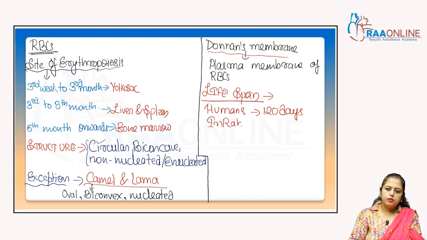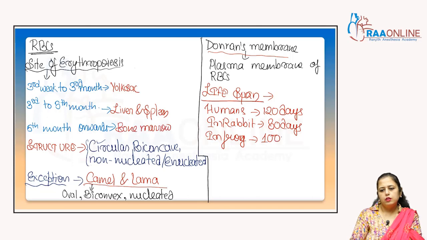In rabbit, 80 days. In frog, 100 days. Clear?